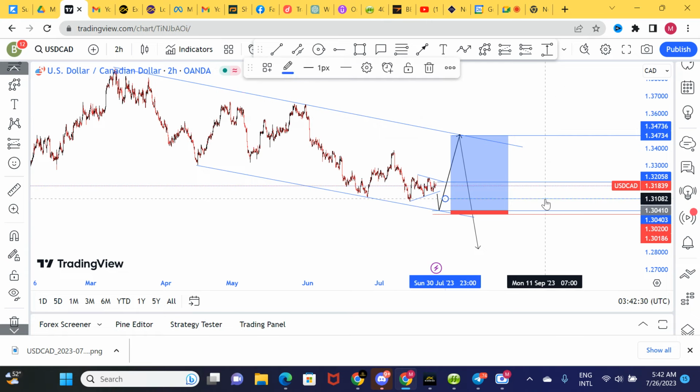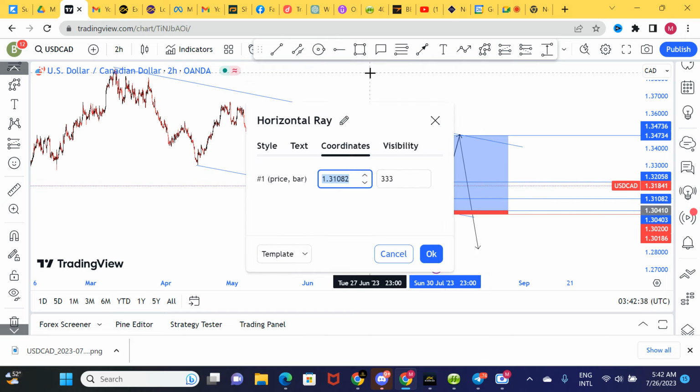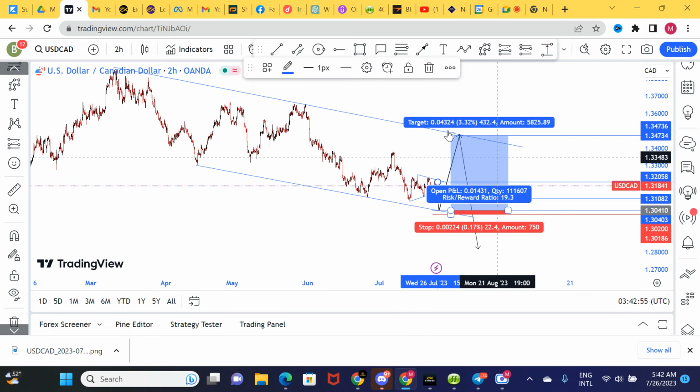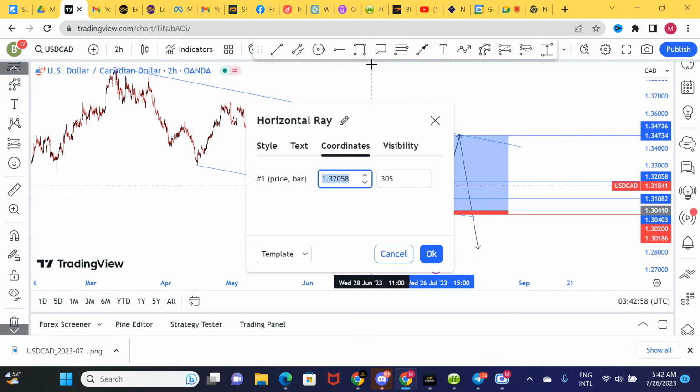And then our TPs can stand. TP1 at 1.31082, and then TP2 would be at this particular point, which is 1.32058.